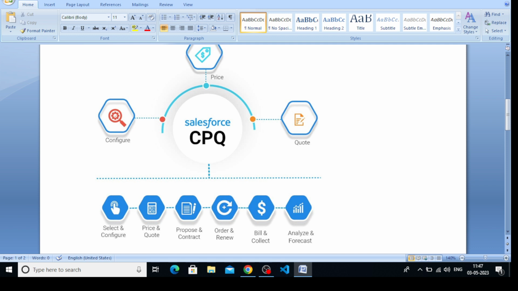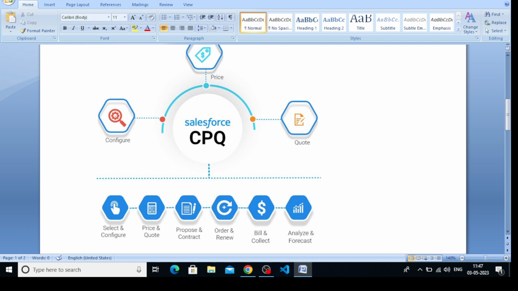And if you fill these fields, it differentiates one product from another product. So basically, we will differentiate one product from another depending upon some fields in the product object. That is what I want to mention here. So basically, we store product catalogs in our Salesforce CPQ product object.